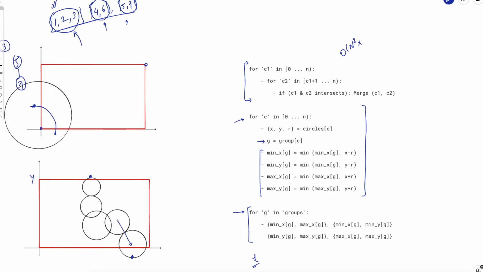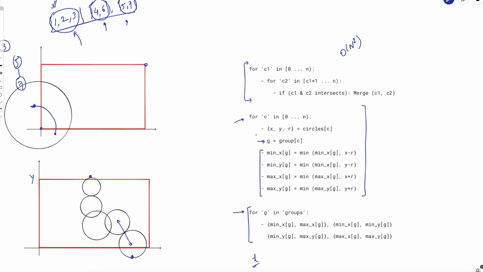If the distance is less than or equal to r1 plus r2, it means they are intersecting. If it is greater than r1 plus r2, this means they are not intersecting, right? Simple circle formula. So this entire intersect function would be order 1. So overall this loop will simply take order n square itself, right?